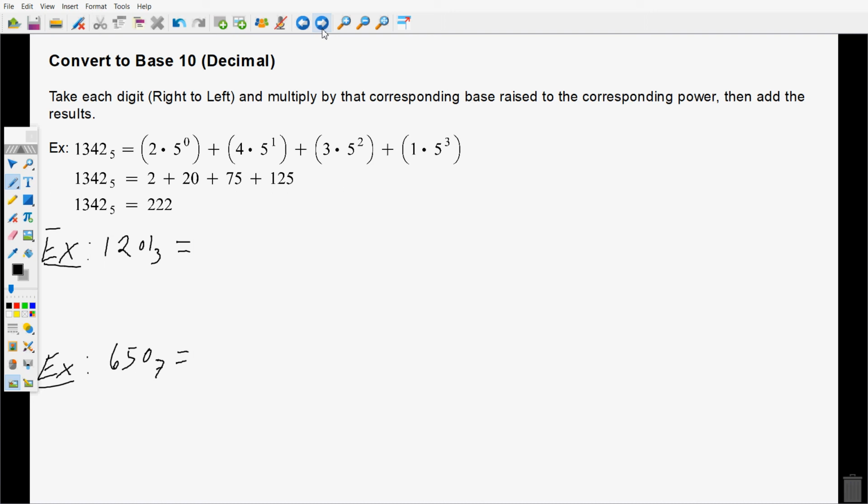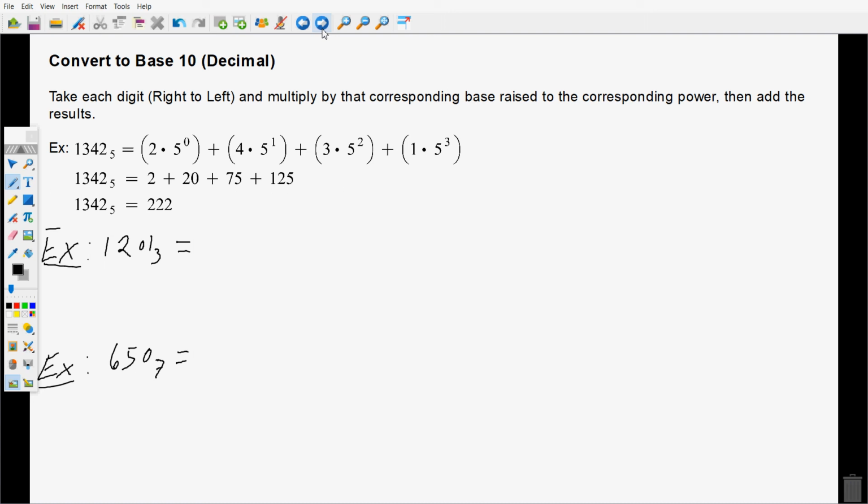I gave an example of 1342 in base 5. I started with the farthest right digit, which was 2, and multiplied that by 5 to the 0 power. Then plus the next digit to the left, which was 4, times 5 to the first, plus the next, which was 3 times 5 squared, and then plus 1 times 5 cubed.